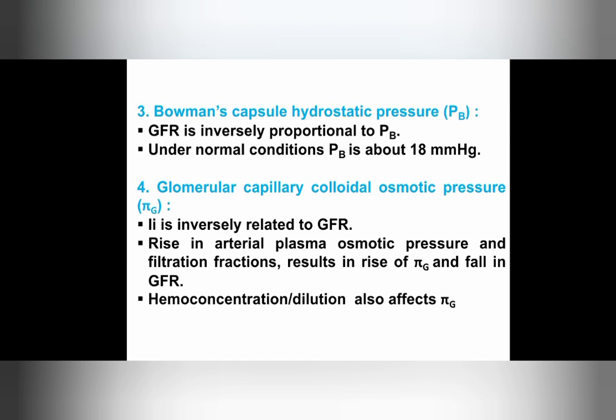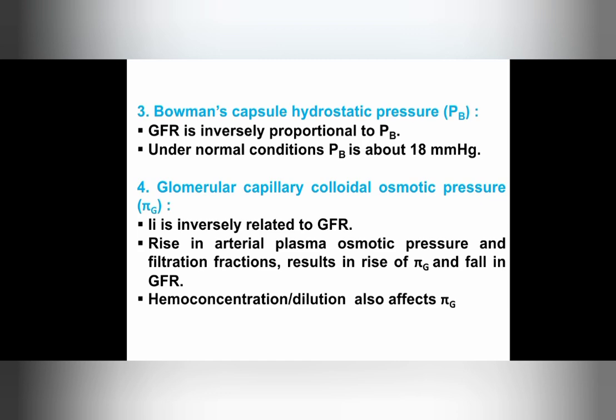Next we have the Bowman's capsule hydrostatic pressure, or P suffix B. GFR is inversely proportional to PB; the relationship between the Bowman's capsule hydrostatic pressure and the GFR is inverse. If one increases, the second one will decrease.